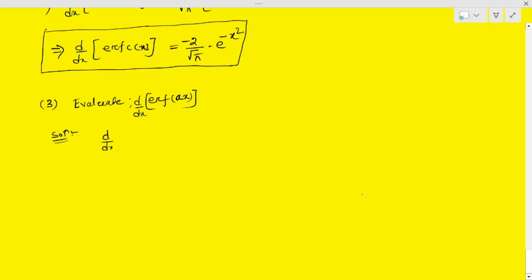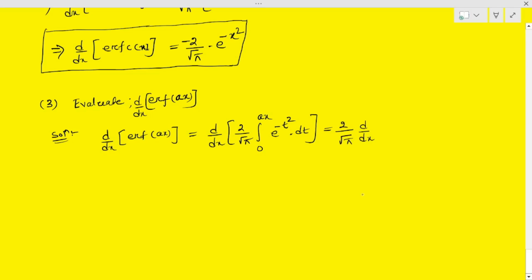d by dx of error function of ax is written in the integral form as d by dx of 2 by root pi integral 0 to ax e to the power minus t square dt. 2 by root pi is the constant, can be taken outside. d by dx of integration from 0 to ax e to the power minus t square dt.